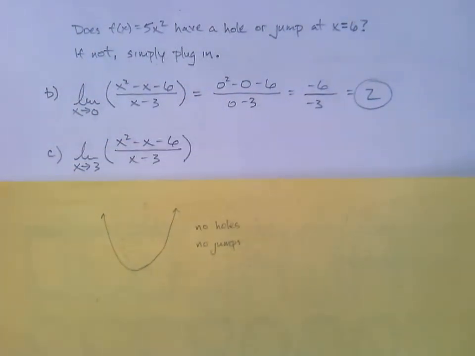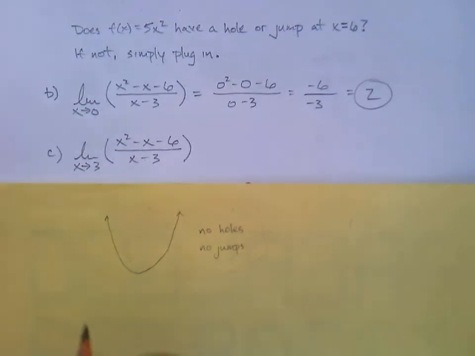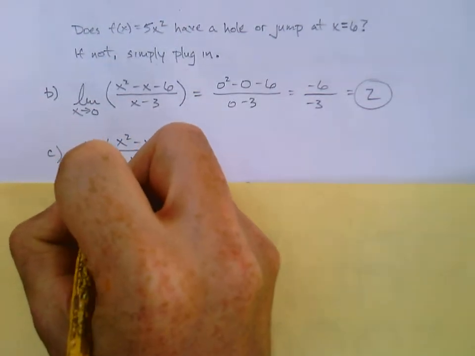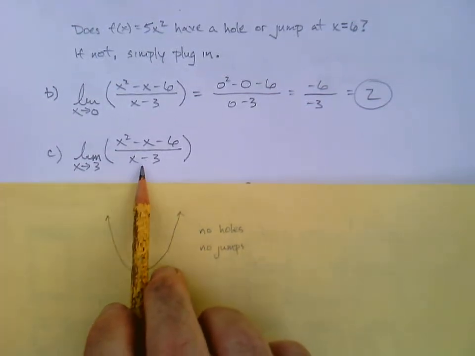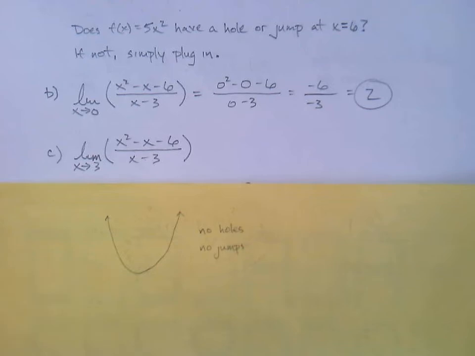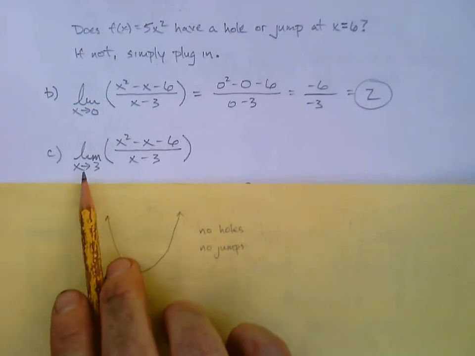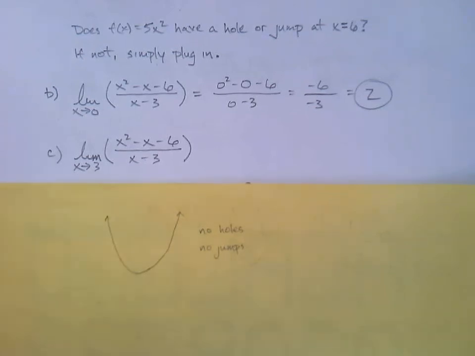The next example, part C, and you can tell I'm getting sloppier with my notation. The limit, same function, x squared minus x minus 6, all over x minus 3. And this time, we're going to take the limit as x approaches 3.